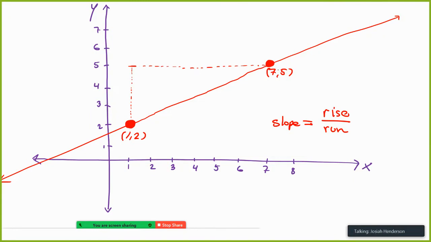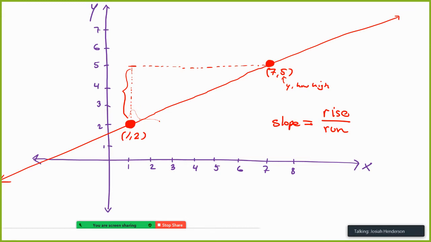Plus, another clue is in the coordinate 7, 5, right? The 5 means how high it is. That's the y, its location height-wise. So I know it should go up to 5. Looking at my vertical line again, how many units is that?